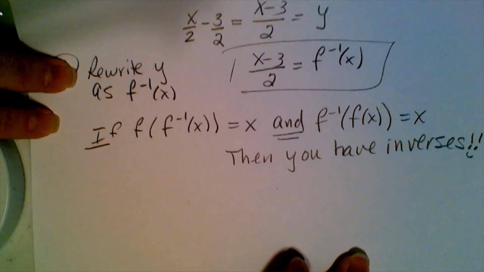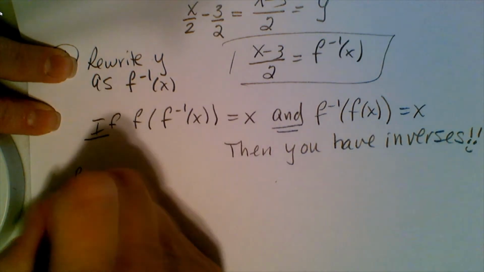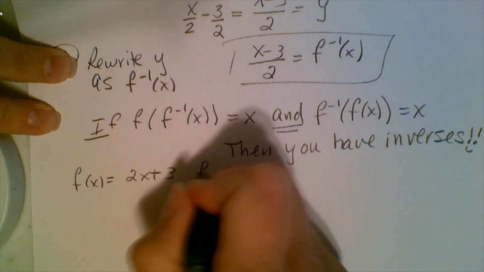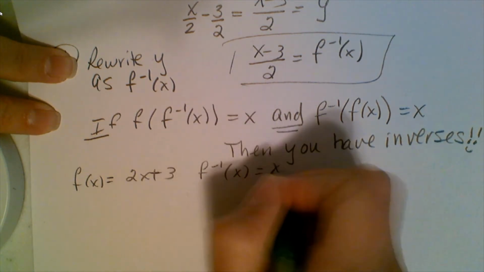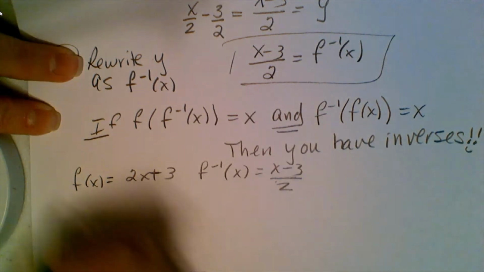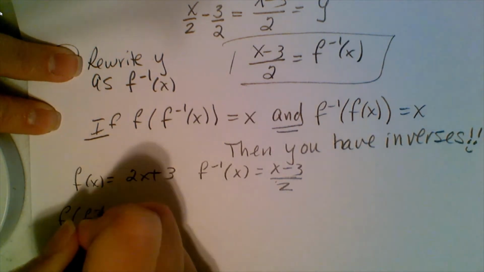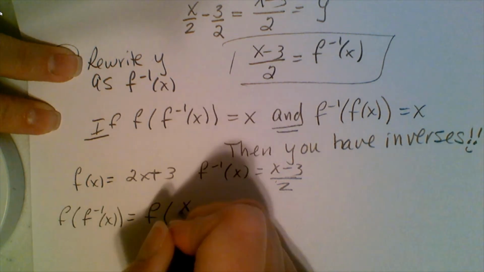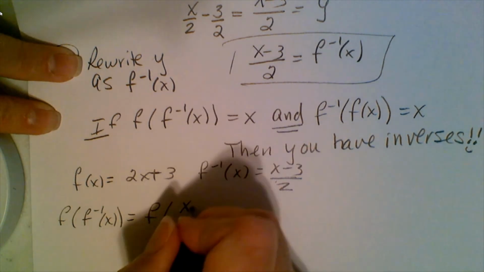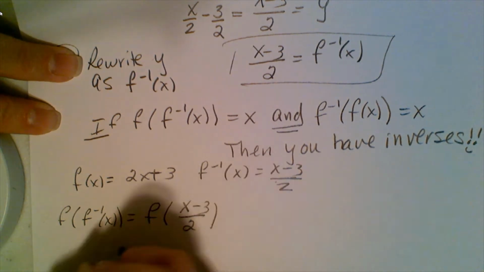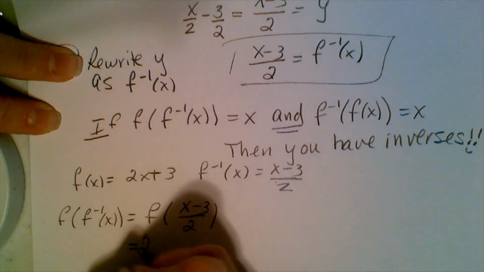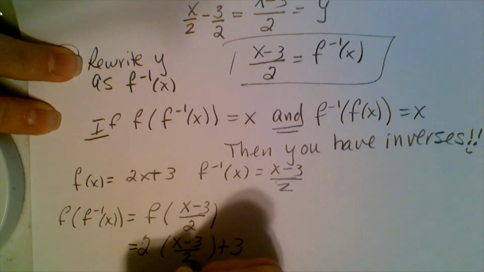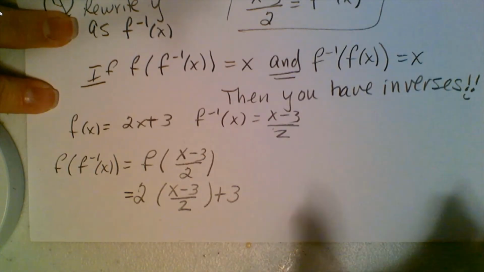Okay, so we're going to check that here. So our first f of x was 2x plus 3. Our f inverse of x is x minus 3 divided by 2. And we're going to do f of f inverse of x. So that means we're going to plug in the inverse into this. But f was 2x plus 3. And this one I am death about.